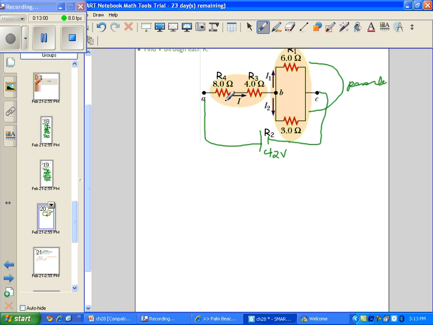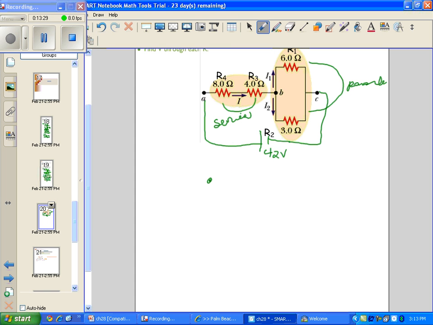We can also see that resistor R4 and R3 are connected in series. But if we first combine our 2 resistors in parallel, not only is R4 and R3 going to be connected in series, but the combination of 1 and 2, R12 we call it, is also connected in series with R4 and R3. And so that'll be our game plan.